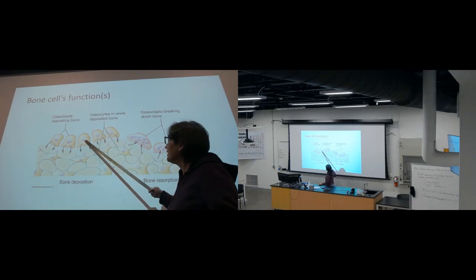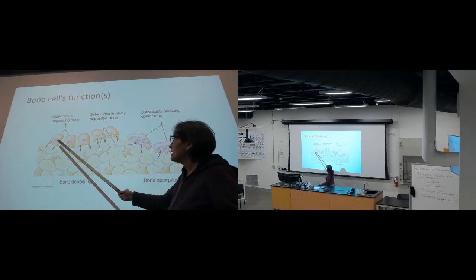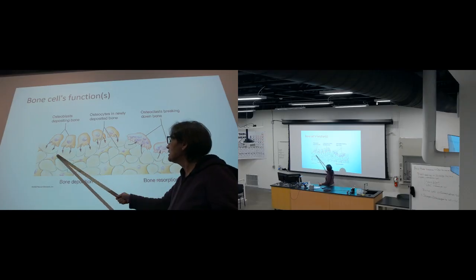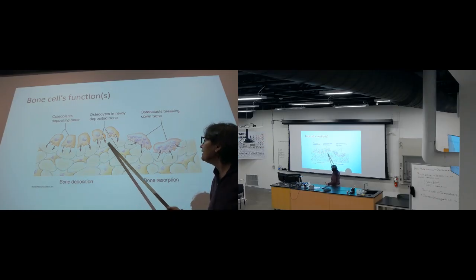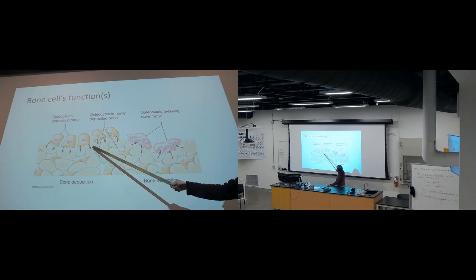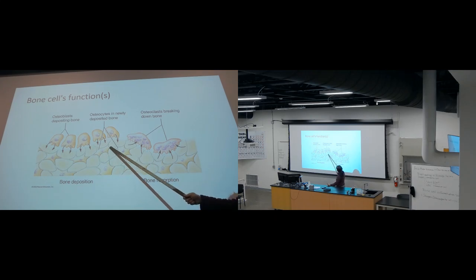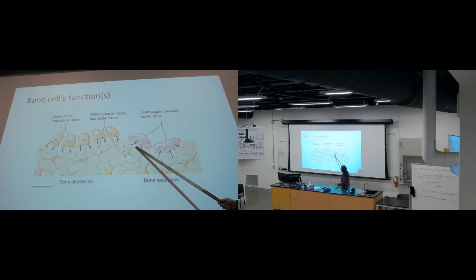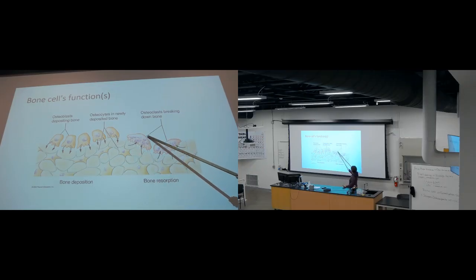Here we have the osteoblasts depositing bone. Remember, these are the cells that make the matrix. And then the osteocytes form after this matrix was deposited, so they maintain the matrix. But when you need to remodel the bone, you start breaking it away with these osteoclasts.